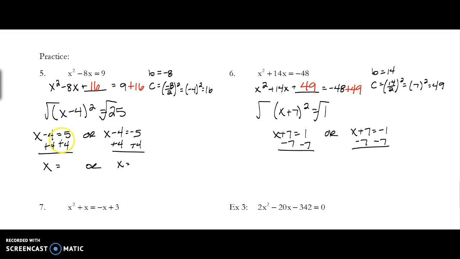Now, in order to solve for x, we have to square root both sides and then go ahead and solve. Remember, one is equal to positive 5, one is equal to negative 5. When we add 4 to both sides, one of our answers is going to be 9, and the other is going to be negative 1. So these are our answers for number 5.